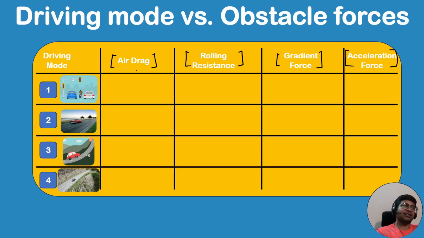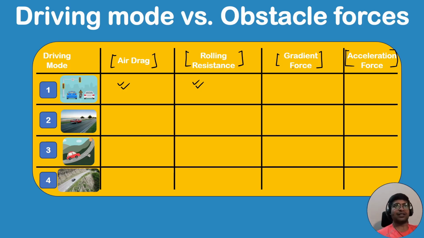But towards the end of the speed range, for example 60, 70, 80, finally 100 kmph, this force will be dominant, and hence in this driving mode this force is going to be there. The rolling resistance is of course going to be there in all driving modes.